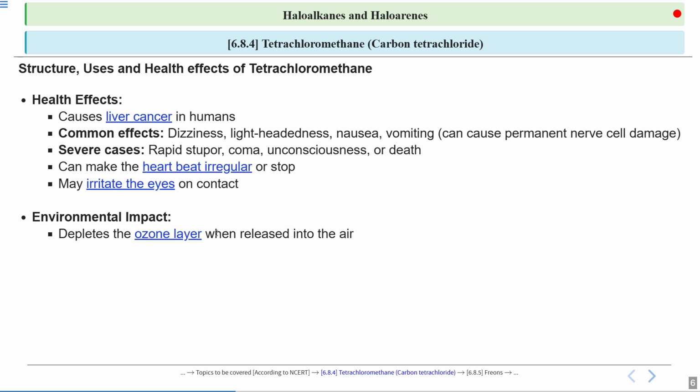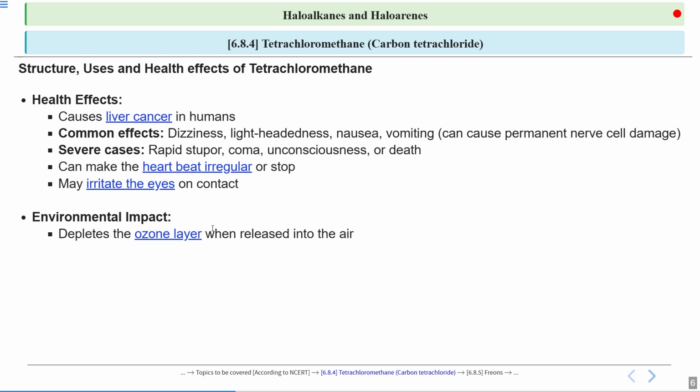The ozone layer is basically a layer above our troposphere. Above the troposphere, we have this ozone layer, which protects the earth from the UV light coming directly from the sun.